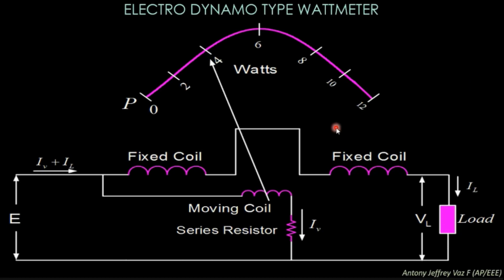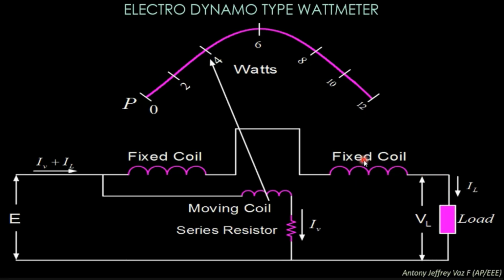This is the internal structure of the electrodynamo type wattmeter. Here you will have two fixed coils and one moving coil. The fixed coils carry the current into the load, so they are used to measure the current flowing into the load.